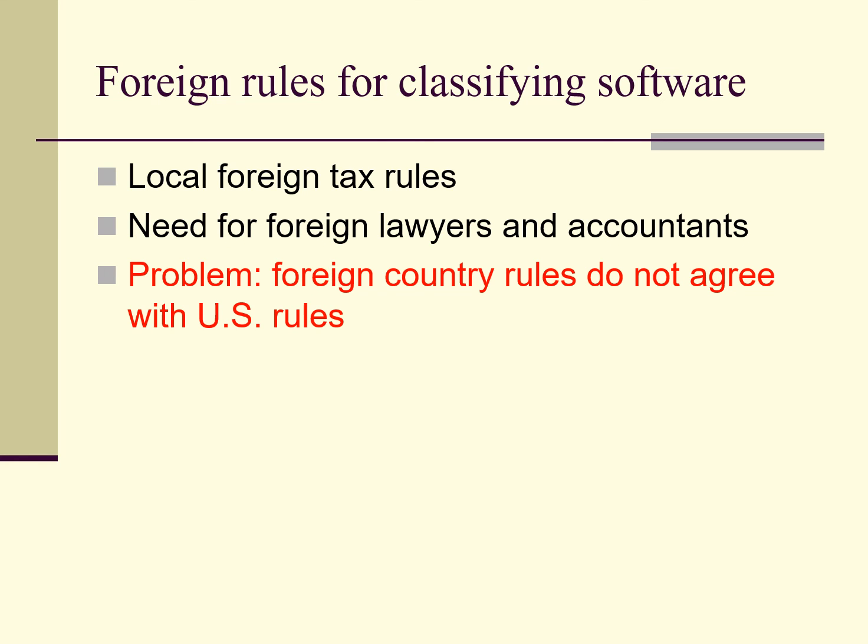As discussed in the text, the most important thing to know is that the rules of foreign countries may not agree with those in the United States. Where they disagree, it is possible to have a transaction involving software or other digital content that is double taxed or not taxed at all.